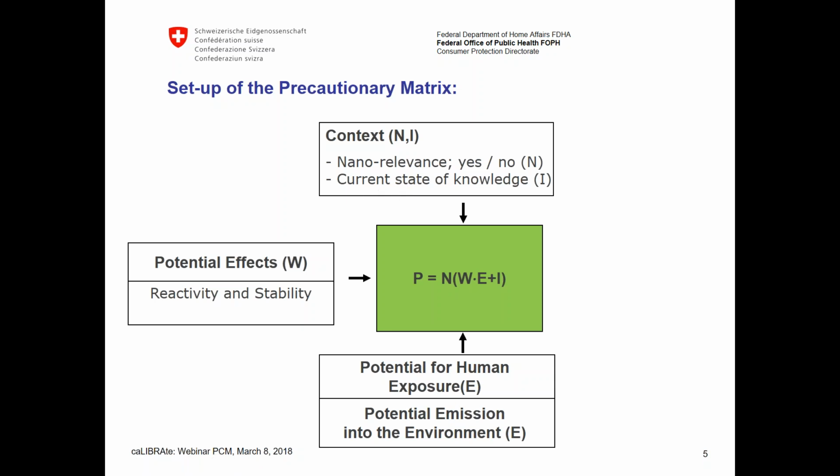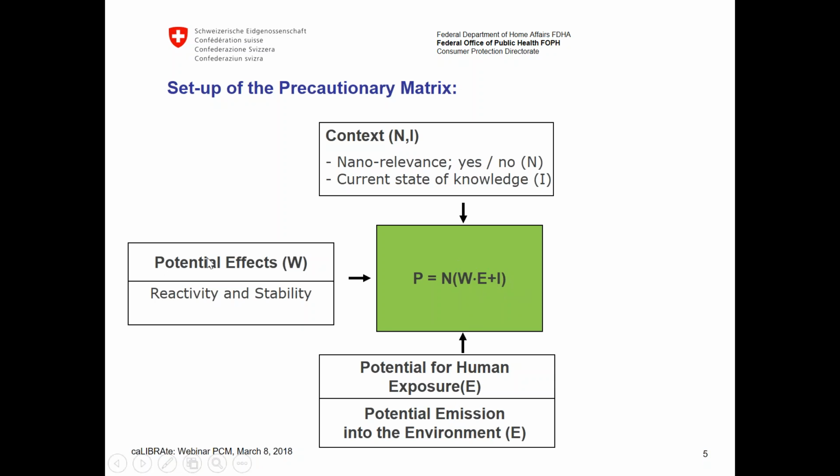If you don't know everything, this will give you penalty points, and this will also be reflected in the results of the precautionary matrix. You see here information, and here you can see how this is treated in this equation. It will give some extra points.